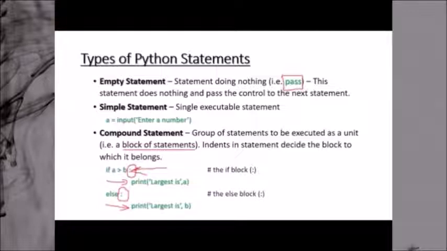And the moment a block starts, you have to provide an indent, a gap, a spacing from the left margin. If you do not provide proper indent, the statement will generate an error. If I write print from this particular position, it will generate an error because the block has started. Since the block has started, I have to provide an indent. Clear? When the block ends, how will the interpreter know that this is the end of a block?